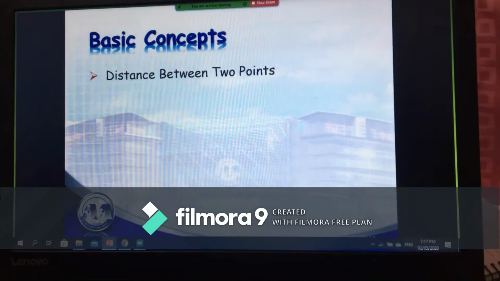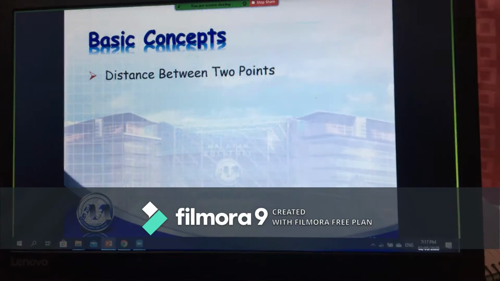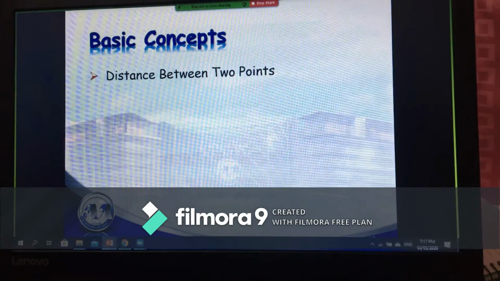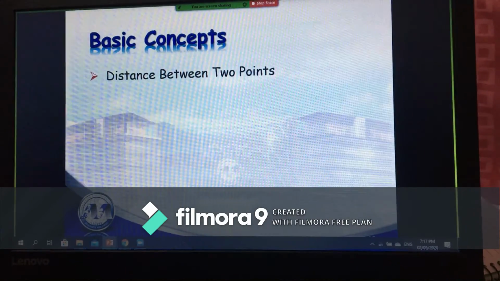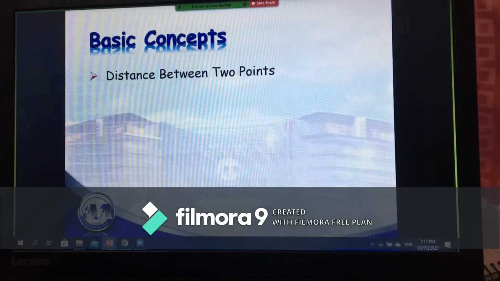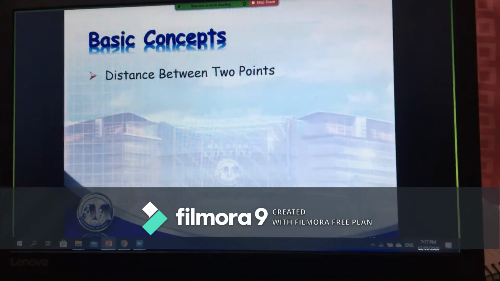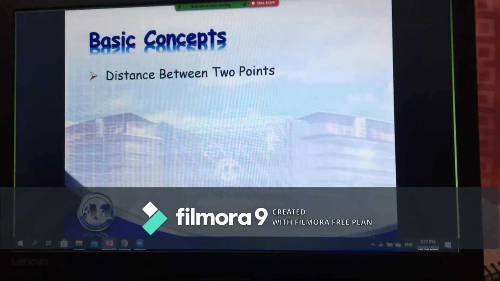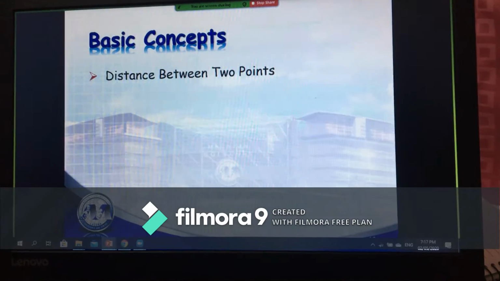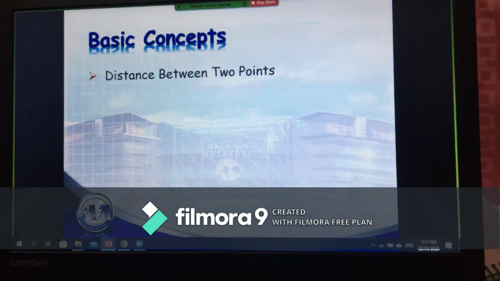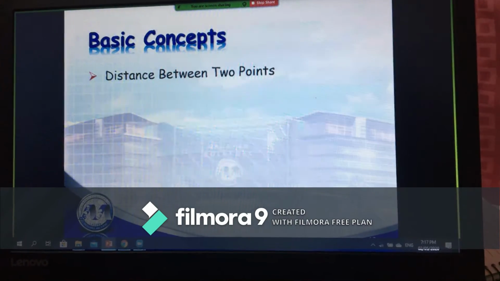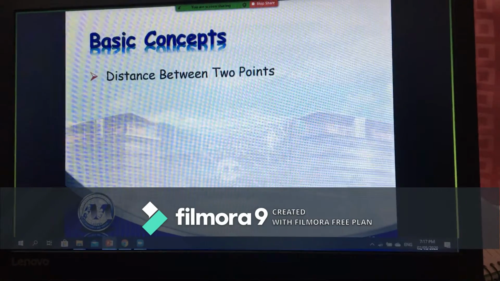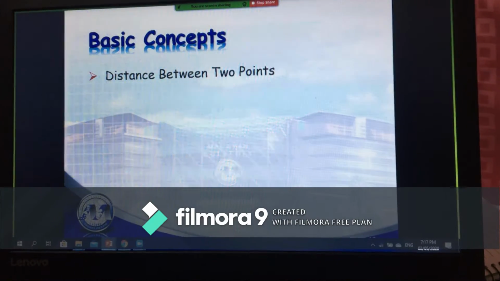So, our task this time is to determine or calculate the distance between 2 points. We have 3 scenarios for this part of our topic. Distance between 2 points lying on a horizontal line, distance between 2 points lying on a vertical line, and the third one, distance between 2 points on a slanted line.